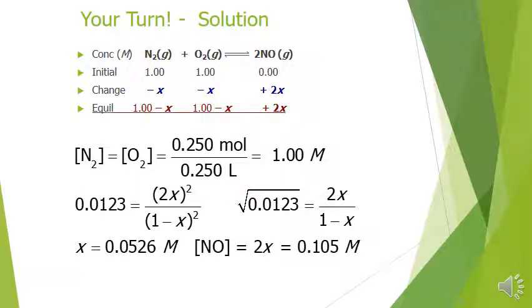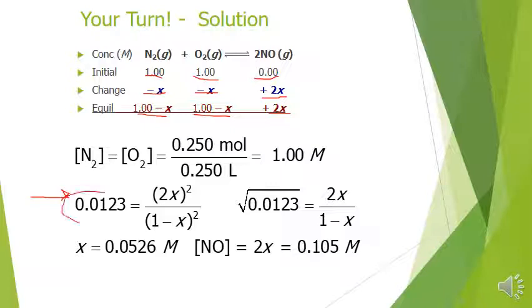Okay, here's our initial equation. Here's our initial concentrations. The reaction is moving to the right, so you lose some of the reactant. It goes up by 2 because of the exponent here. And so your final concentrations are here. Okay. And then your equilibrium expression is going to be NO squared over N2 times O2, and that equals 0.0123.